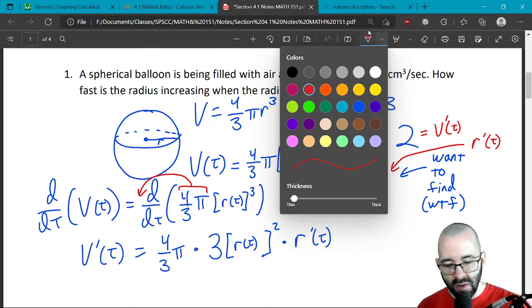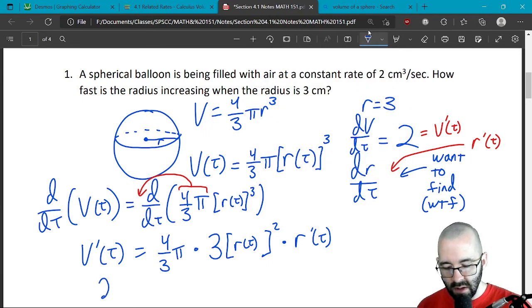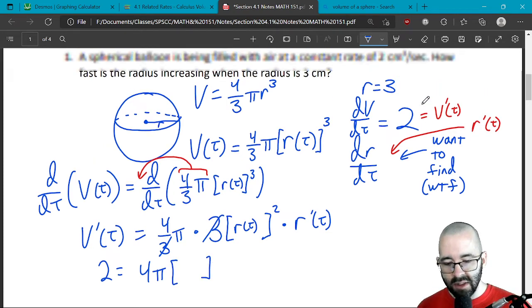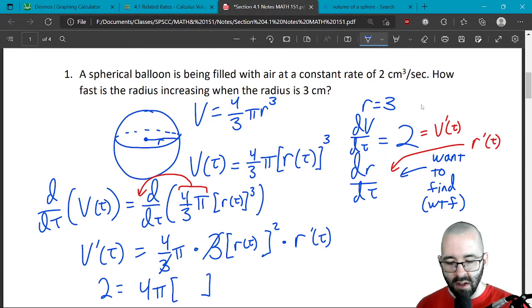That is just 2 now, equals 4/3 pi times 3. Oh, let's cancel those 3's actually. I like canceling. There's just 4 pi times r of t squared. And specifically, we know the radius is 3 centimeters right now.